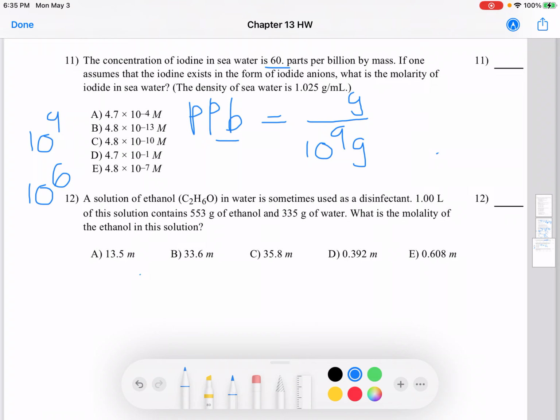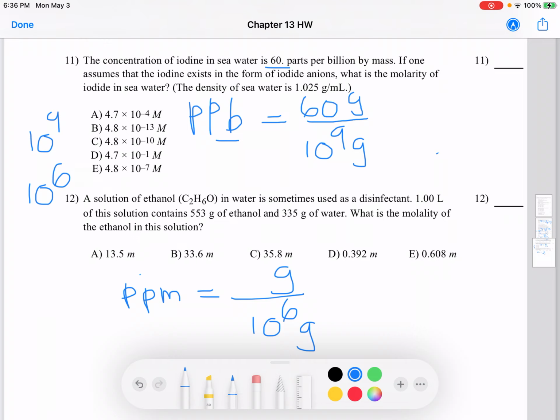However many things per 10 to the power 9 grams. If you consider ppm, parts per million, it would be however many things in grams per 10 to the power 6 grams. Okay, so this one, ppb, it says 60.